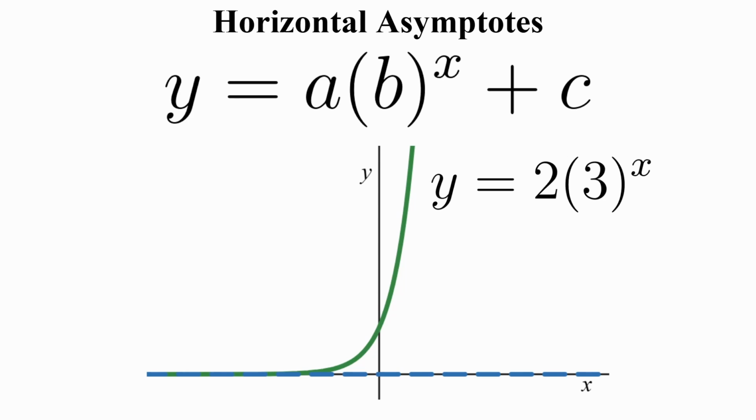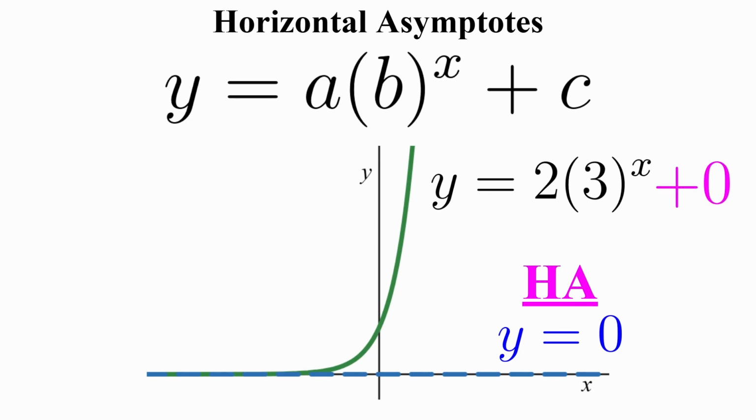It's just like a boundary. We call that a horizontal asymptote, and it occurs at y equals 0. Well, that's because in this equation, there's like a plus 0 kind of hiding off to the side. So you notice the position of the asymptote is the c.